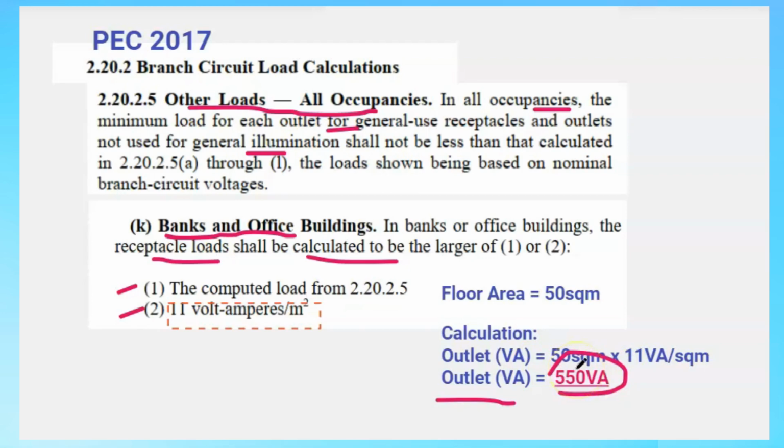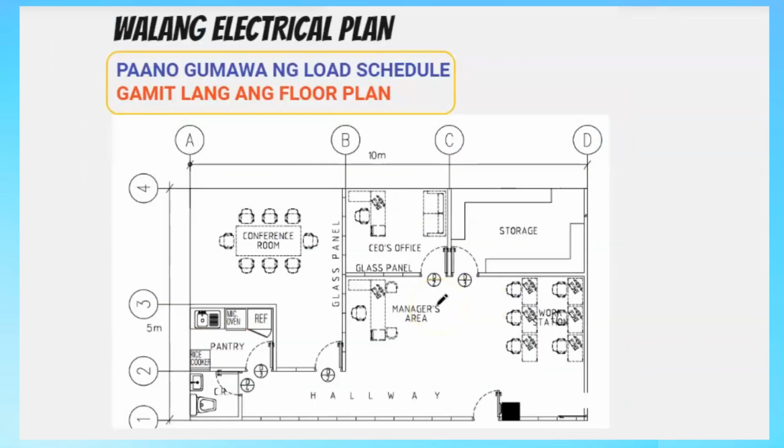Actually, if you check the plan, we will not install just an average of 3 outlets. If you check, you have 1, 2, 3. Actually, if it is 3 outlets, the others will be lacking. The conference room also needs some.